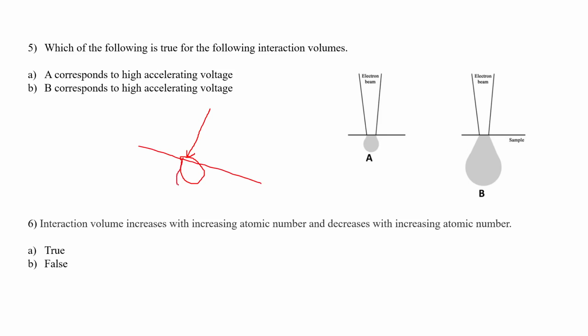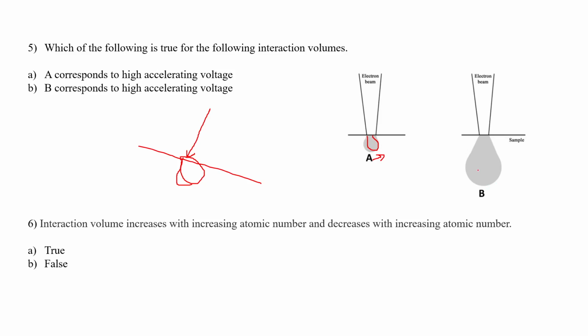So this interaction volume which I have shown you in this option, in this question number 5, this is basically the interaction volume. If the specimen A has a higher atomic number, it will have a higher number of electrons. It will repel the incoming electron beam much more as compared to the lower atomic number. As a result, it will have a lower interaction volume. Whereas specimen B has the lower atomic number.